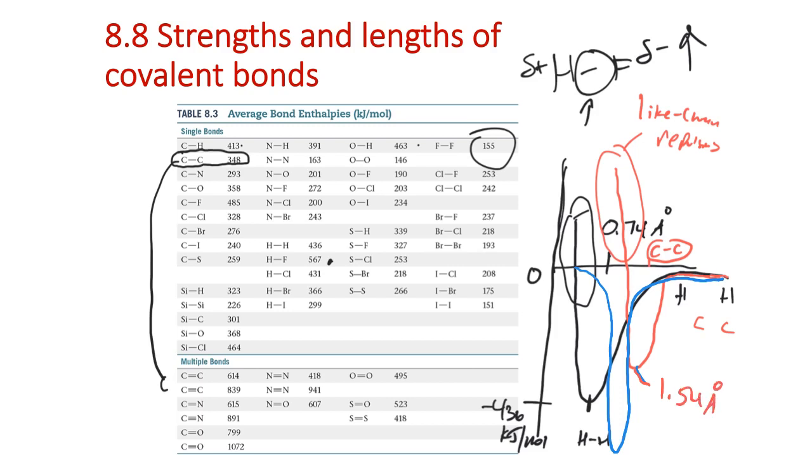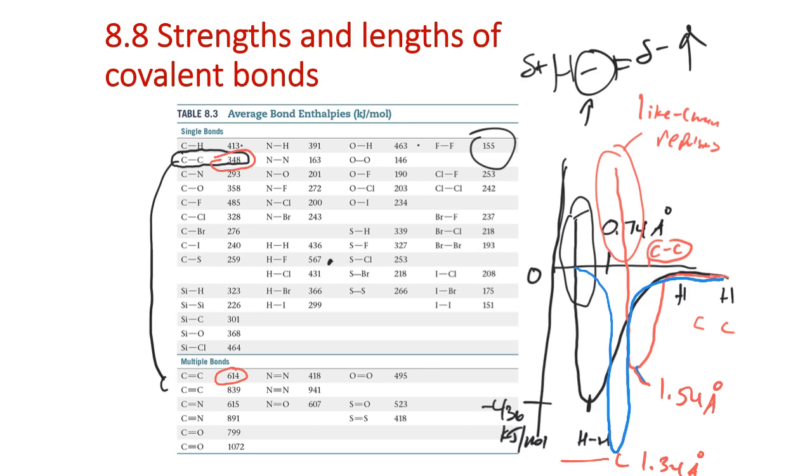And the double bond length for the carbon-carbon bond is 1.34 angstrom. The double bond is stronger, so it plateaus to a deeper energy. The carbon-carbon double bond strength is 614, the single bond is only 348.